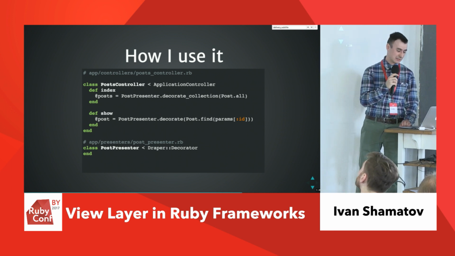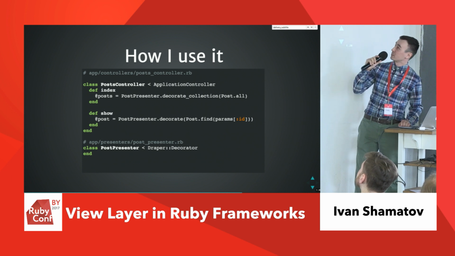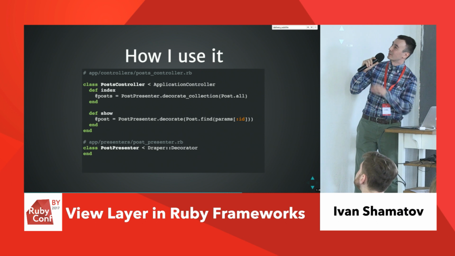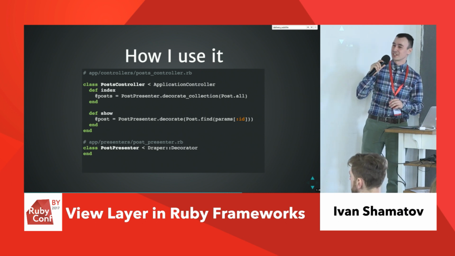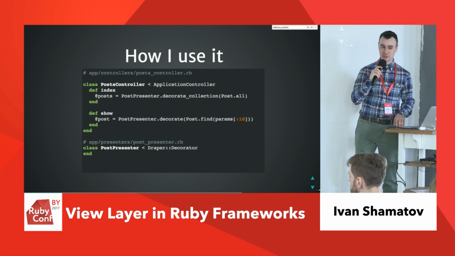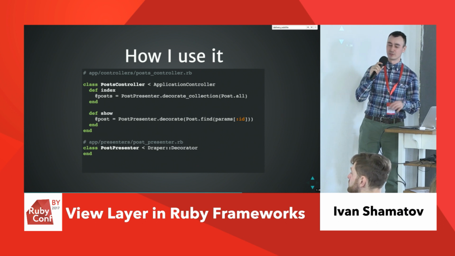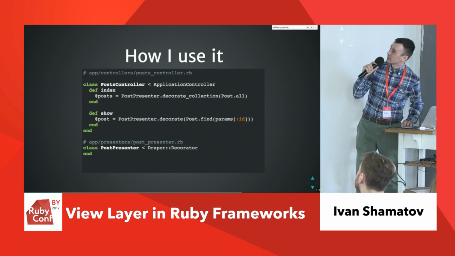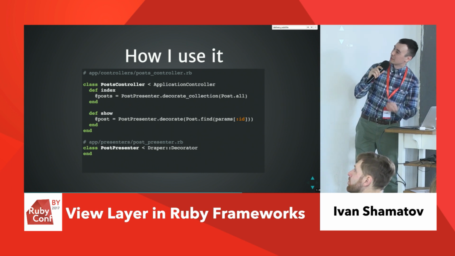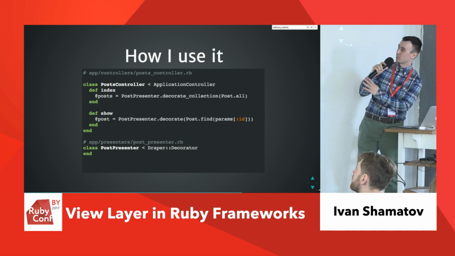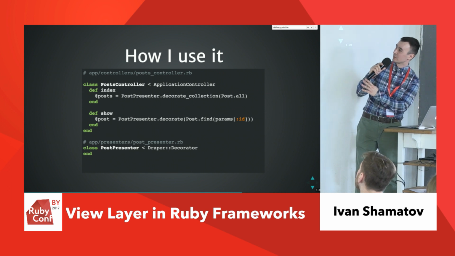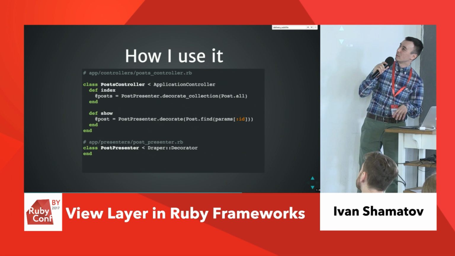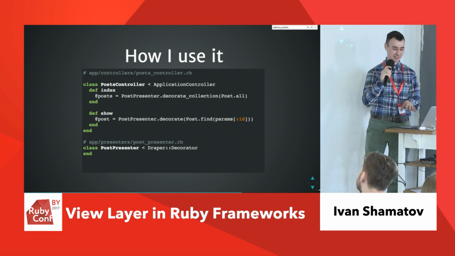So, for example, if I want to decorate a collection, I have to manually write PostPresenter decorate collection, because I'm not following the naming convention for Draper. So I made a PostPresenter inherited from Draper decorator, and for each part I have to manually call decorate this object, please.